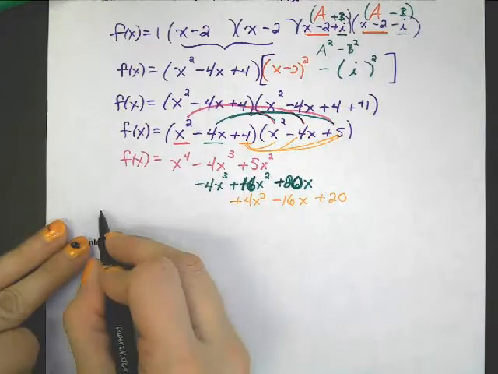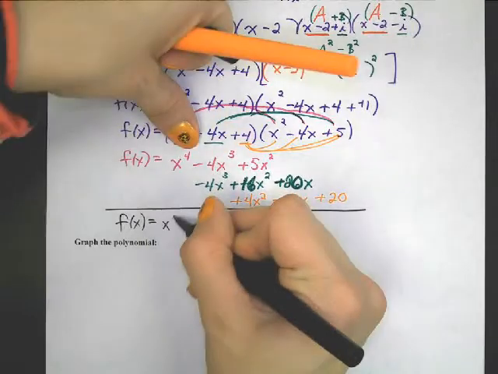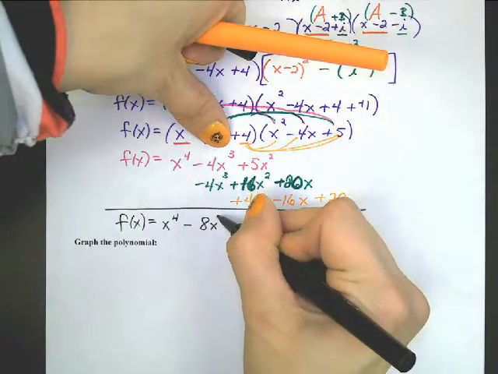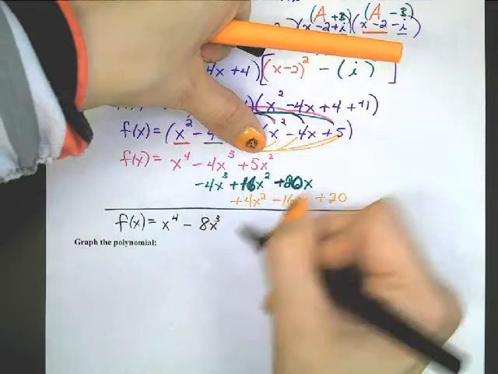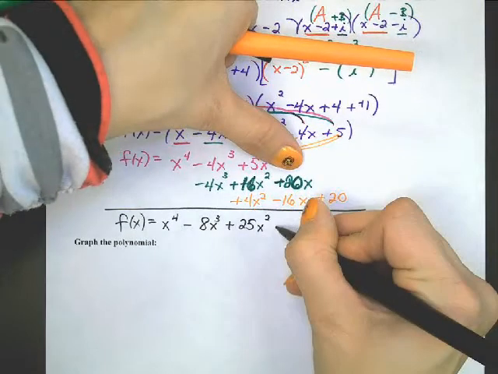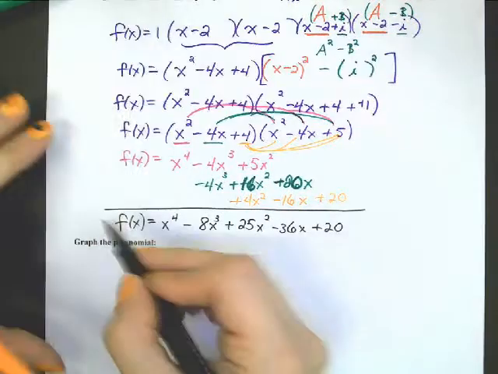Okay, now they're all lined up nicely, so I can go ahead and write the final polynomial. X to the 4th minus 8x cubed plus 25x squared minus 36x plus 20.